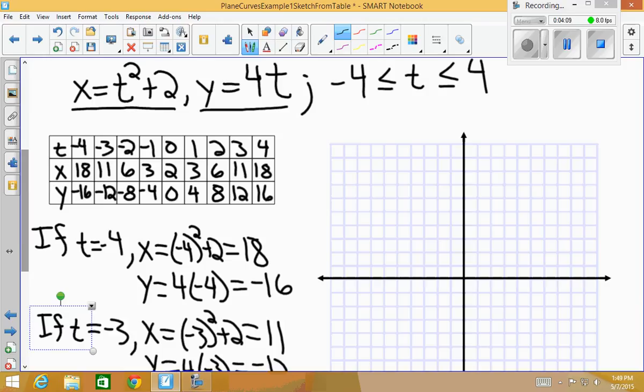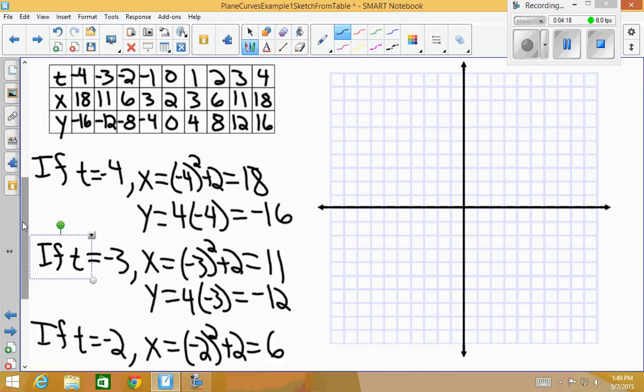We can put each of these on our graph. Let's go ahead and take our graph, the scale of our graph. Each mark will represent 2. So we've got 2, 4, 6, 8, 10, 12, and so on. And in the y direction, 2, 4, 6, 8, 10, 12, and so on.